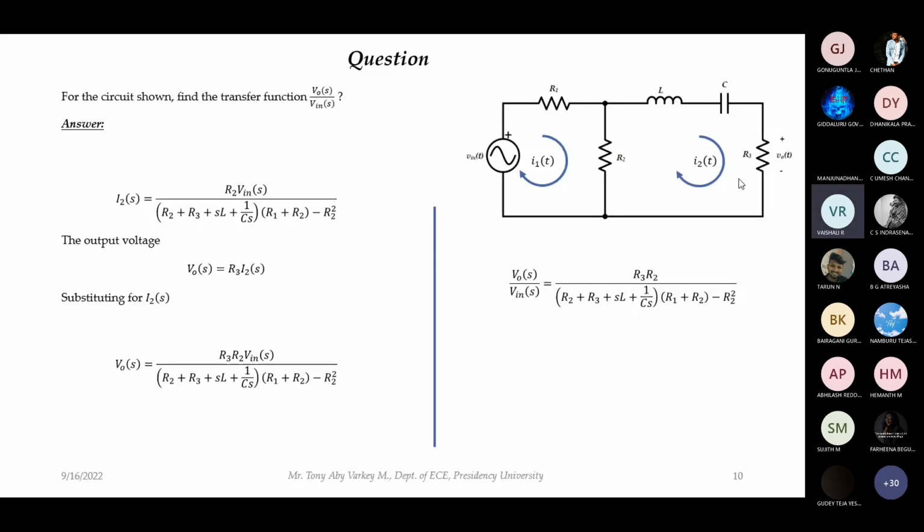Once you know the transfer function, you can model the circuit using it. Even if you don't have the circuit elements, you can know what output will be produced by using simulation tools. Even though you don't have resistor, capacitor or anything. Clear?